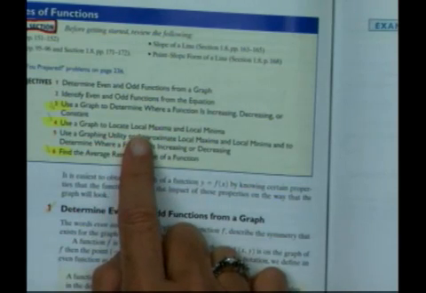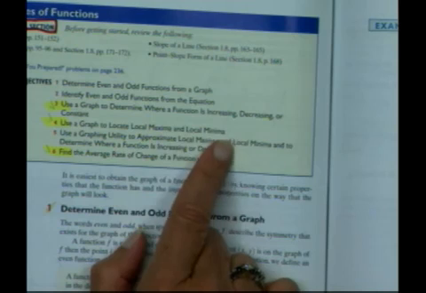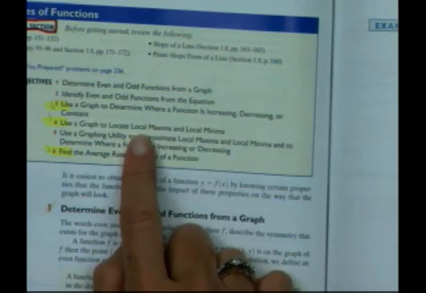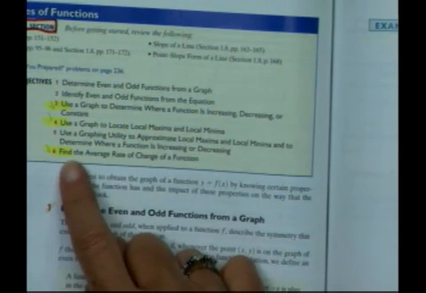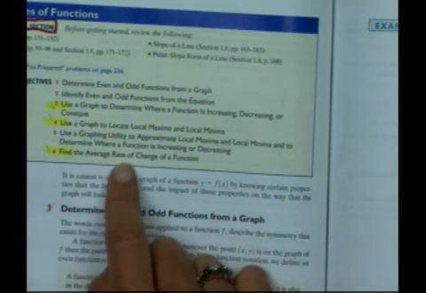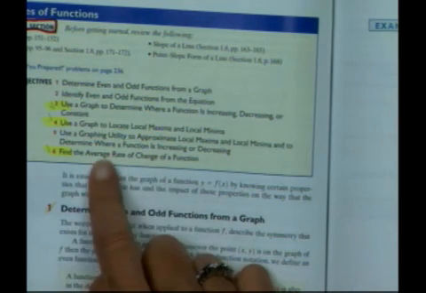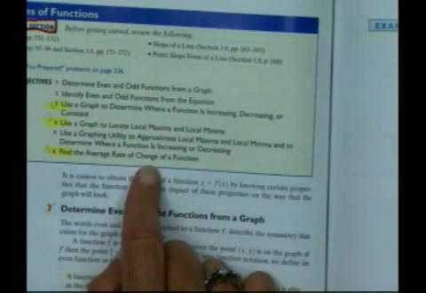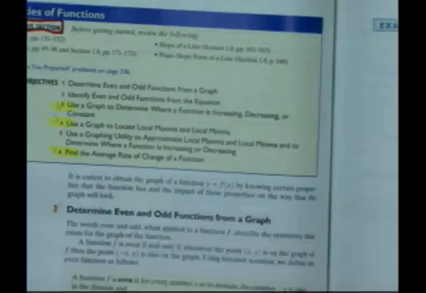Many calculus books and textbooks will use the word relative max or relative min. So once we get there, I'll be interchanging those 2 words, local and relative. And then we're going to look at average rate of change of a function, and we'll look at a couple little applications there. Average rate of change, I think we touched on that a little bit in Lecture 2.